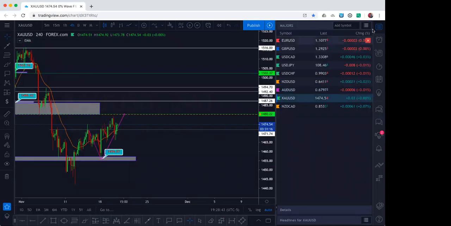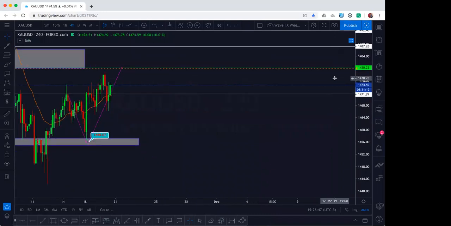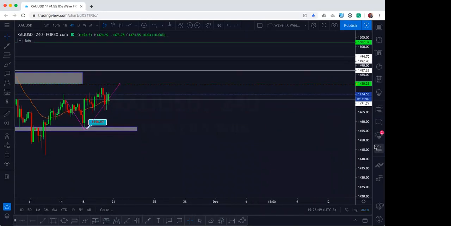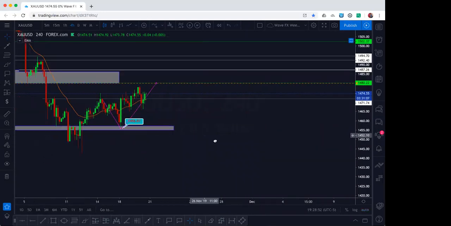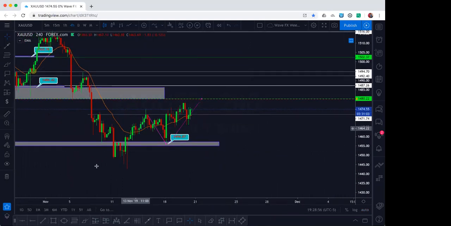Gold. Last week, I gave you guys some pretty good levels to work with out of the market. I was simply saying to you, based on where we were, at the time of the session gold was around 1460. Let me see if I can identify that, the 13th, 7th. Yeah, we were around this area.